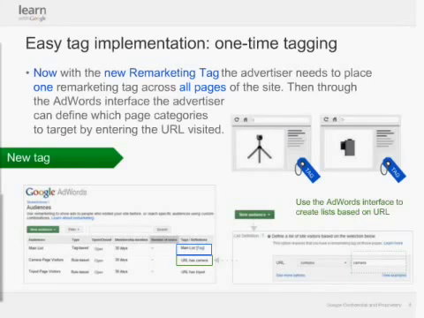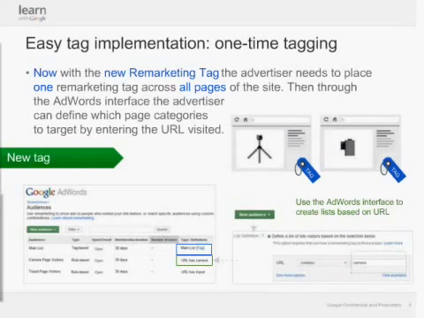So for example, in the UI, you now see that you actually just have one tag. It's called the main list, and that same tag went across your tripod page and your camera page. However, you still wanted to create two different remarketing lists. You still wanted to create a tripod list and a camera list.